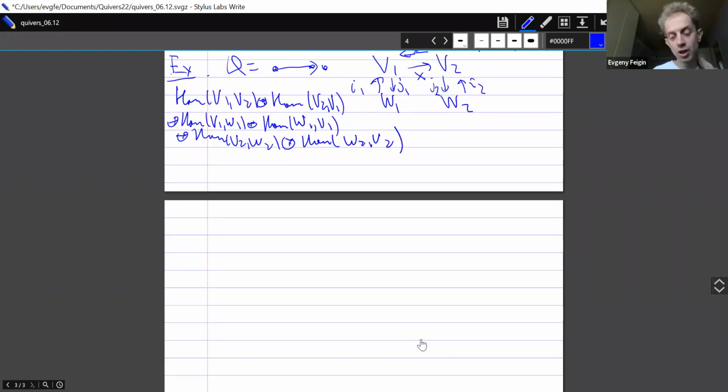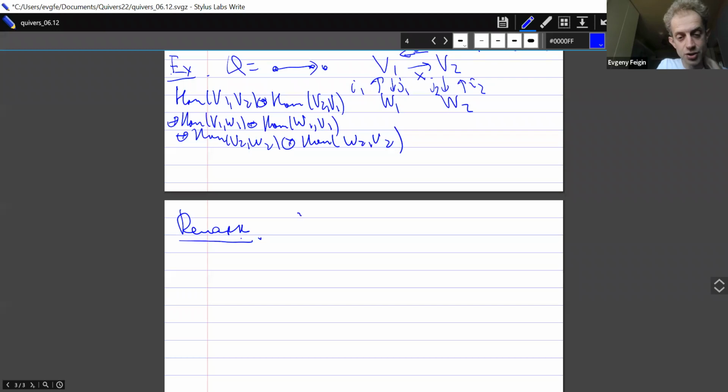And now one of the main definitions here is the so-called moment map. So maybe before that, sorry, let me put forward the following remark.